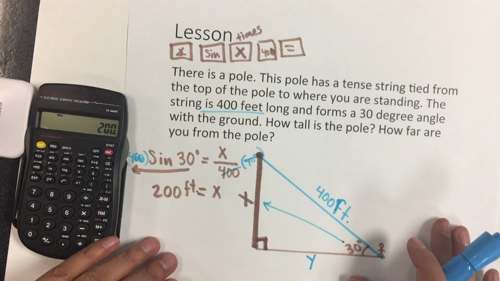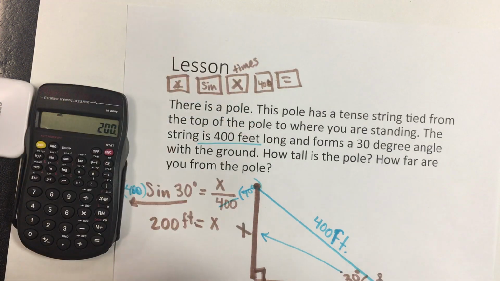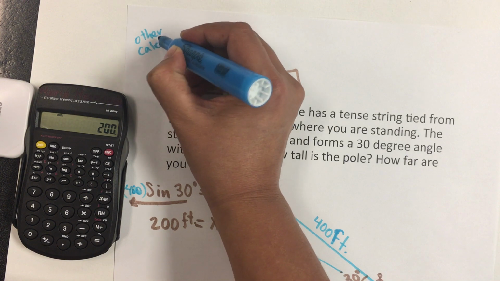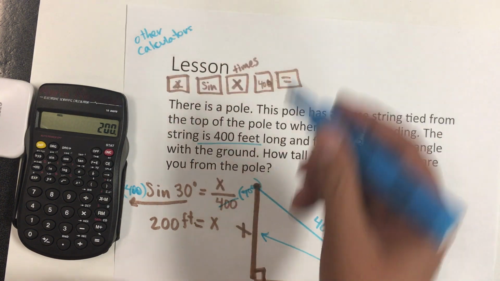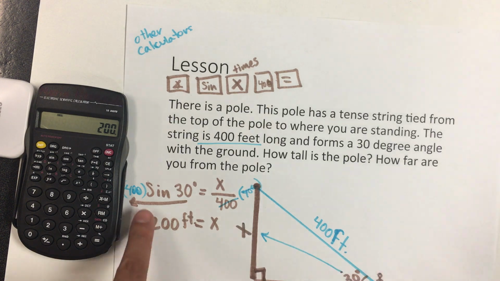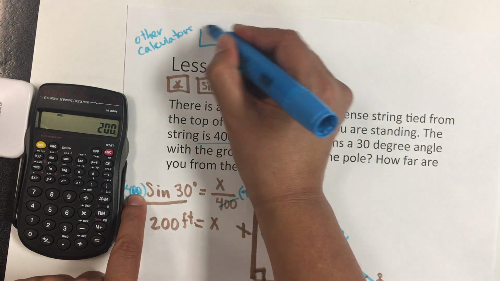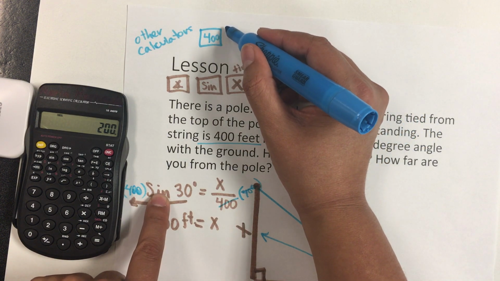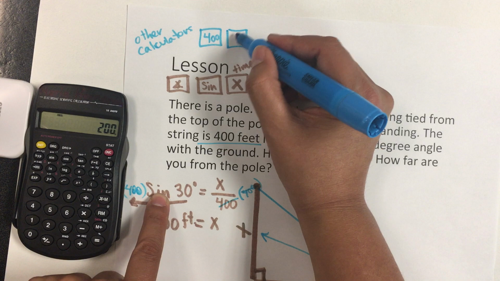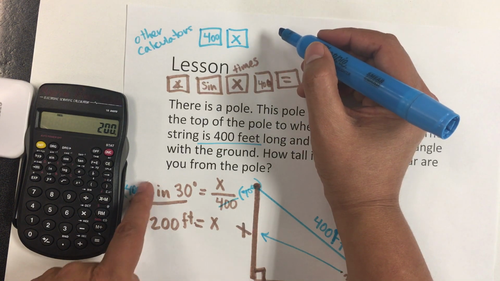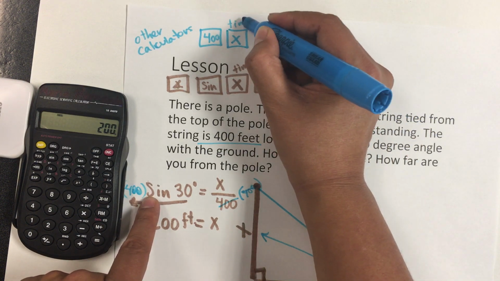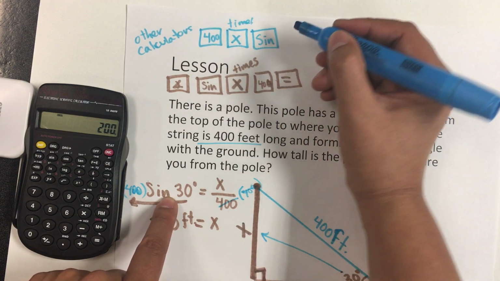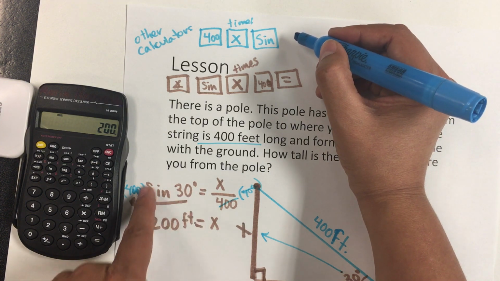Some calculators don't work that way, and so I'm going to write here for other calculators. Some calculators you will start with 400. Okay, so I'm just going to put the numbers for this specific one. 400, then you press times, the parentheses. Then you're going to press sine. So basically just the way it is, just don't forget the times, okay?